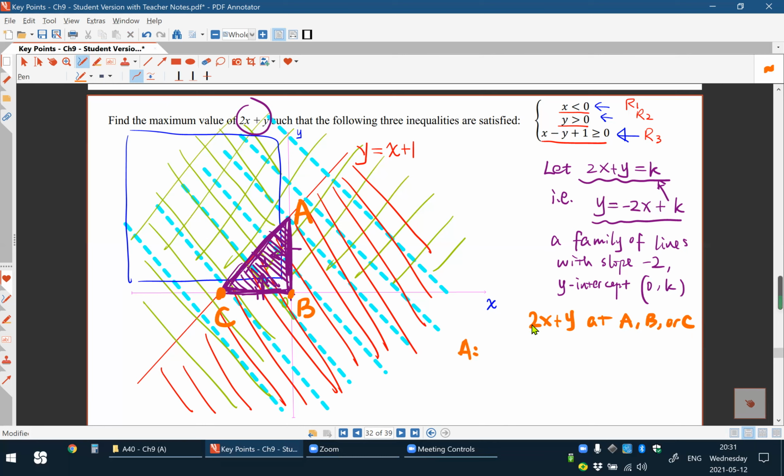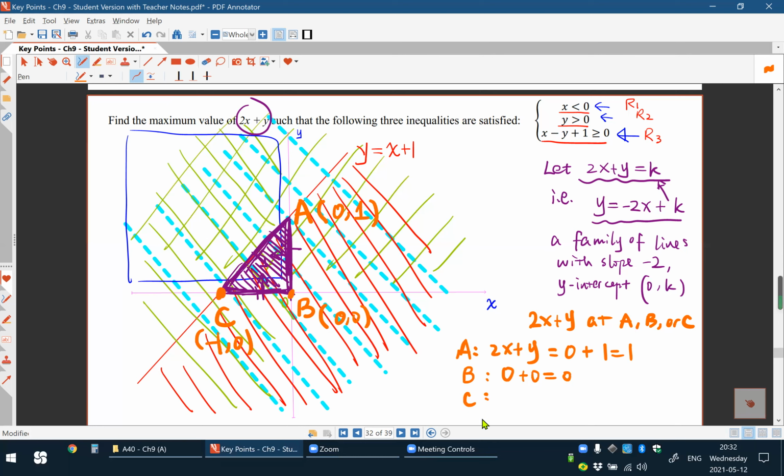So at point A, what is 2x plus y? So at point A, what is x? x is 0, y is 1, right? Point B is 0, 0. Point C is -1, 0. So at point A, 2x plus y is actually 0 plus 1, which is 1, right? At point B, it's 0 plus 0 is 0.